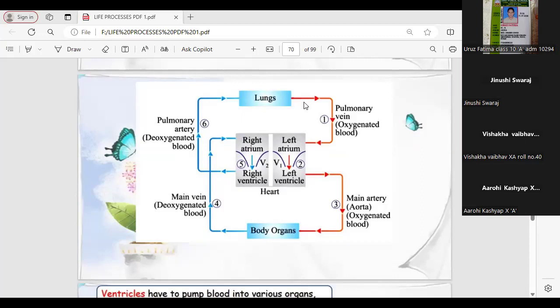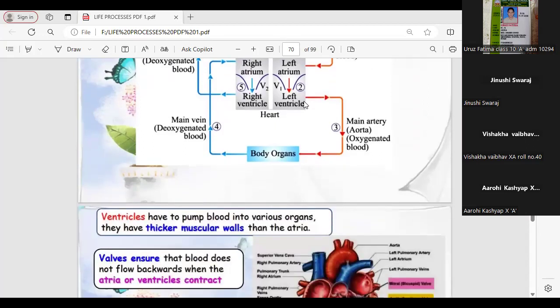Yes, I've seen through the chat box you are answering continuously. Okay, no problem. Yes, all the answers you have given through the chat box. Good, fine, correct. It is double circulation. And what is double circulation? In this case, the blood flows through the heart twice in one cycle.